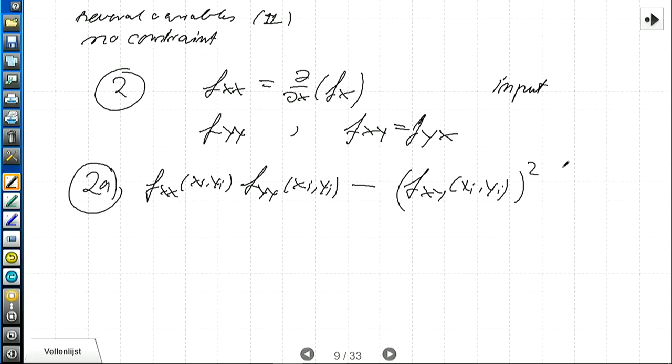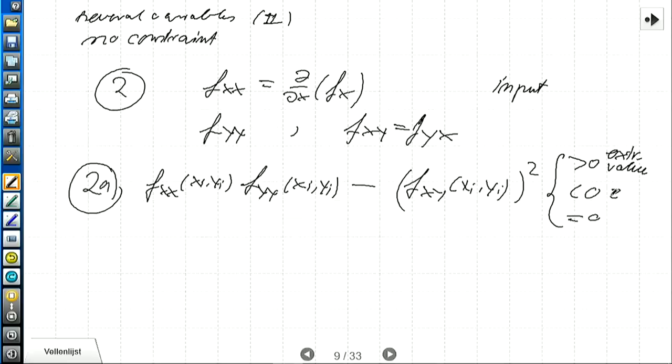Now what can happen? This expression can actually do three things. It can either be positive, it can be negative, or equal to 0. And what was it? If it is positive, we say there is an extreme value, which means the (xi, yi) point is either a minimum or a maximum.